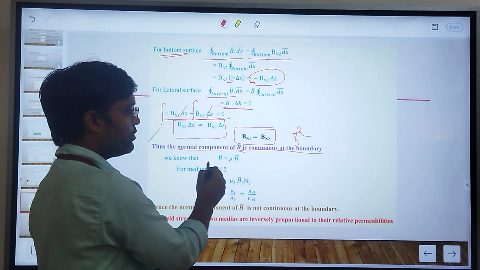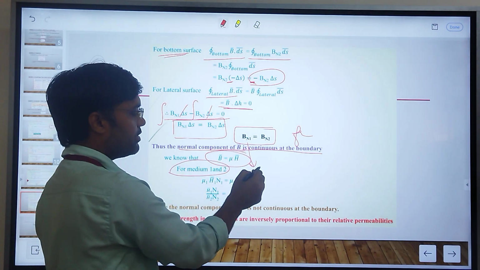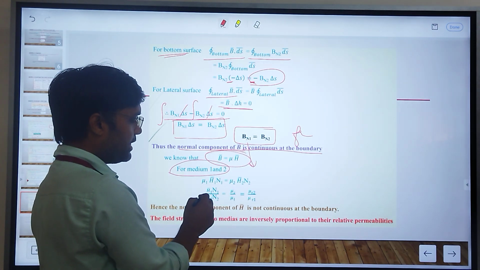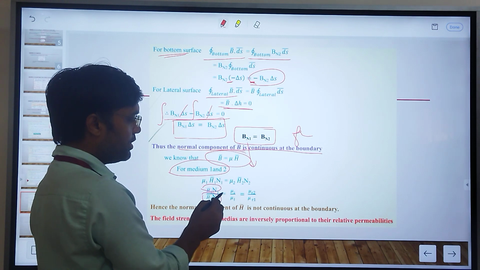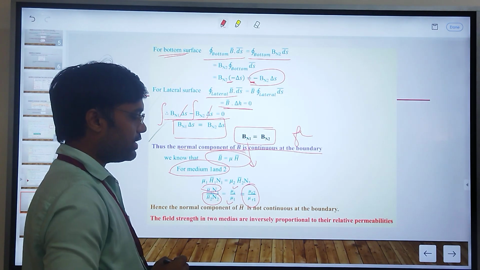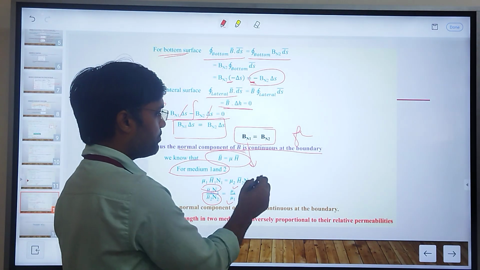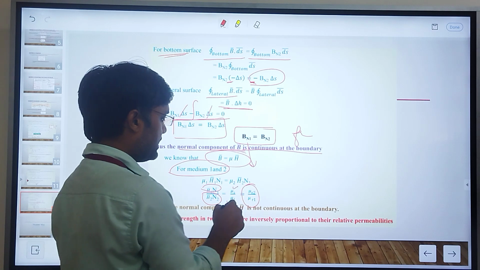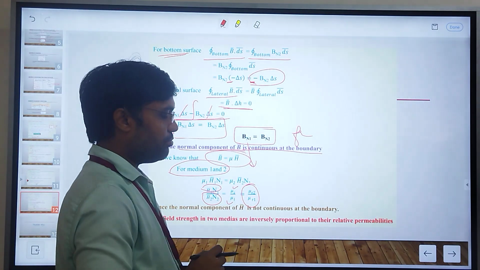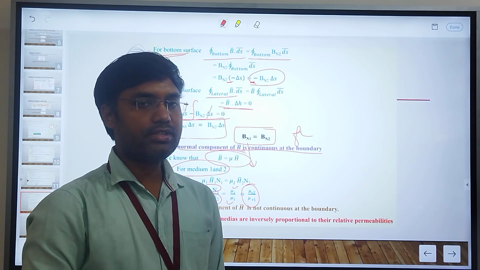Now we know that B equal to mu H. So for medium 1 and 2, we can convert to the H component of normal, Hn1 divided by Hn2 equal to mu2 by mu1, and we can write this with relative permeability as mu r2 divided by mu r1. By dividing this formula, this means the normal component of magnetic field intensity is discontinuous at the boundary.